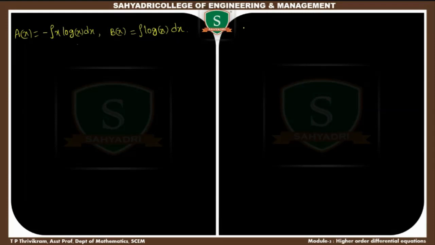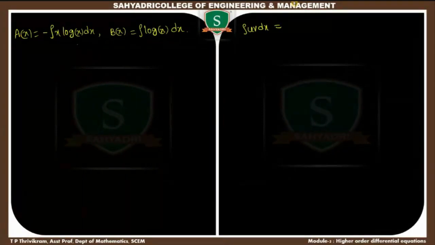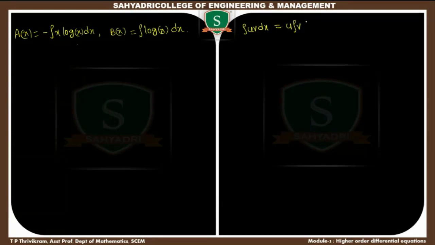So what will be the product rule here? Integral uv dx is equal to u integral v dx minus integral u dash integral v dx whole dx.